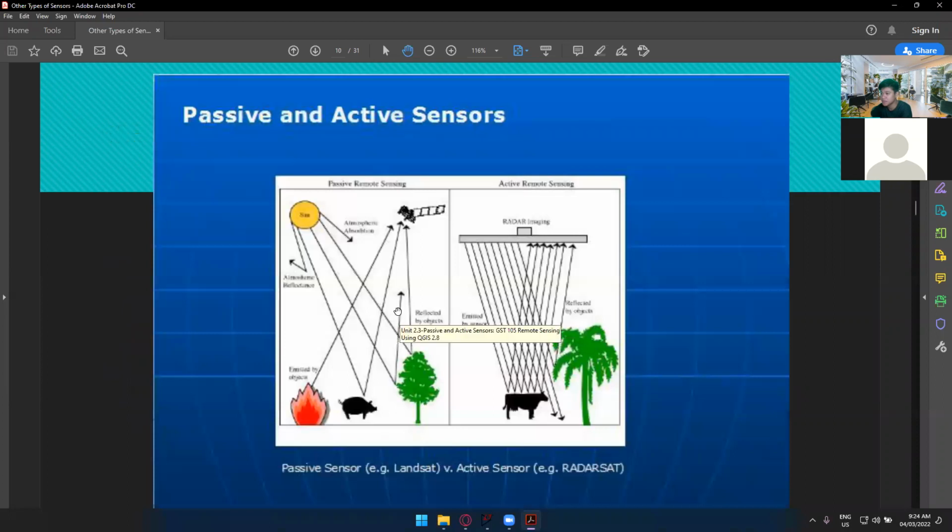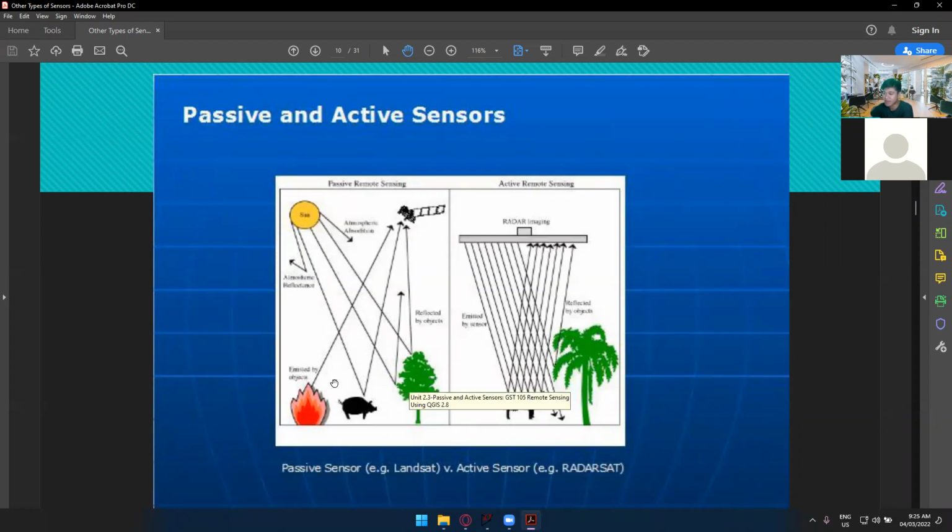So one good example of this is this, through light. The light is emitting its light, and then it will be reflected through, let's say, our satellite, and what it's detecting is the light that is coming from the sun. That is passive because it's dependent on the light of the sun.